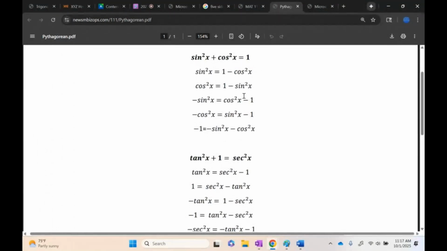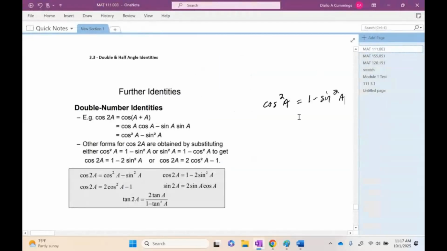So right here, you can write sine squared A as 1 minus cosine squared A. You can write cosine squared A as 1 minus sine squared A. So in this first formula, they simply rewrote cosine squared A as 1 minus sine squared A, minus another sine squared A, and that's where this formula pops up.